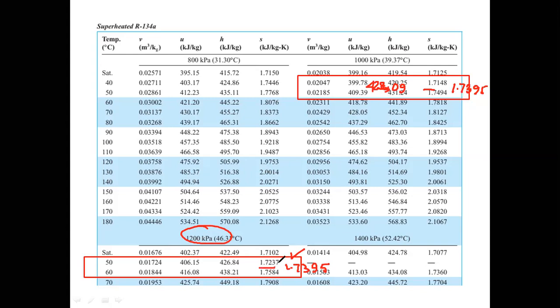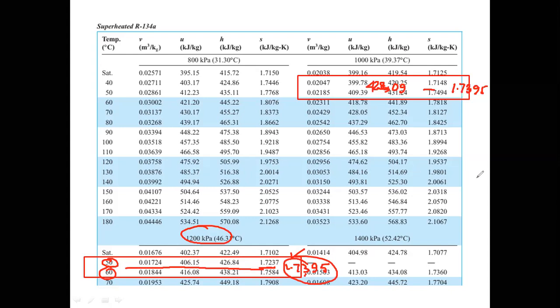You see that corresponding to 50 degrees centigrade, the entropy value is 1.7237, which is lower than 1.7395, and at 60 degrees centigrade the entropy value is 1.7584, which is greater than or more than this value. Therefore, corresponding to this entropy value, the other property values will lie in between. So again we have to interpolate the same way.